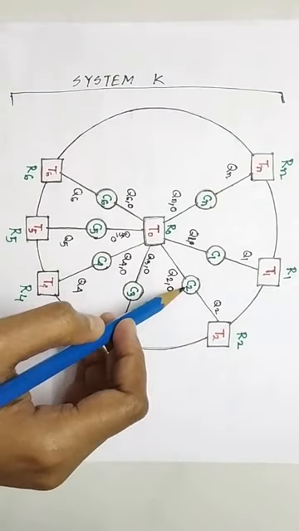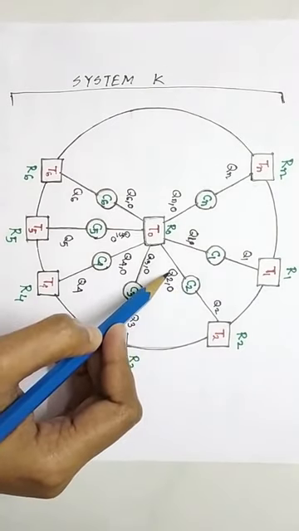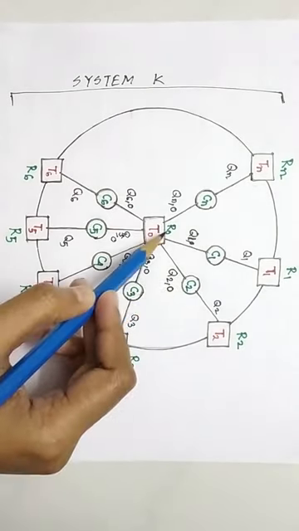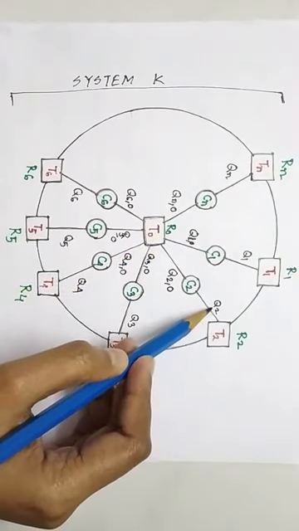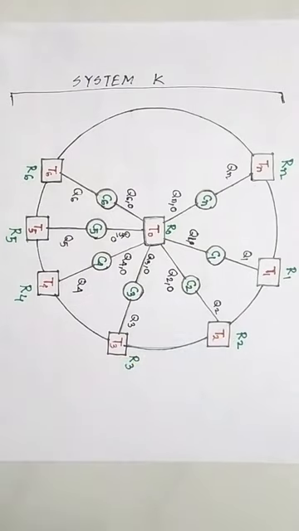Similarly, the second Carnot engine C2 exchanges an amount of heat Q2,0 with the common reservoir R0 and an amount of heat Q2 with the reservoir R2.